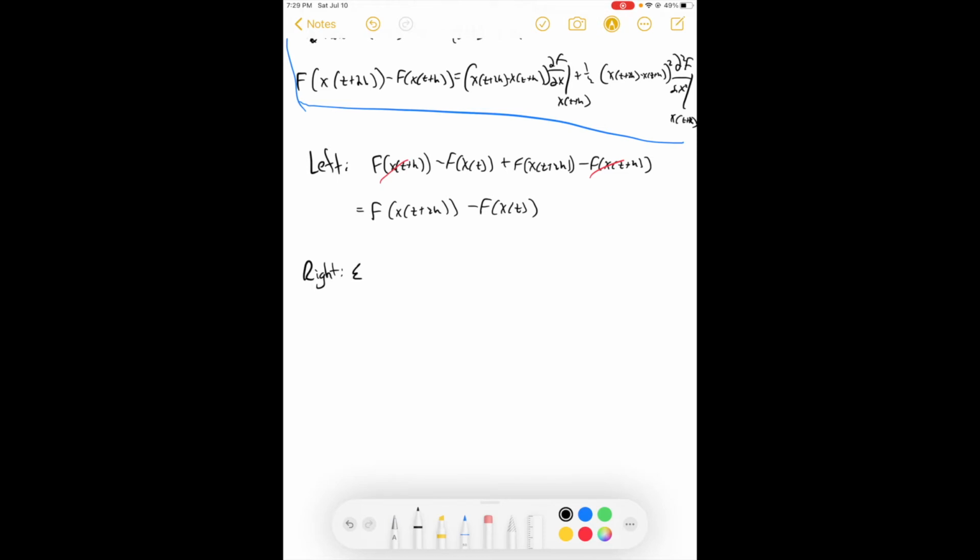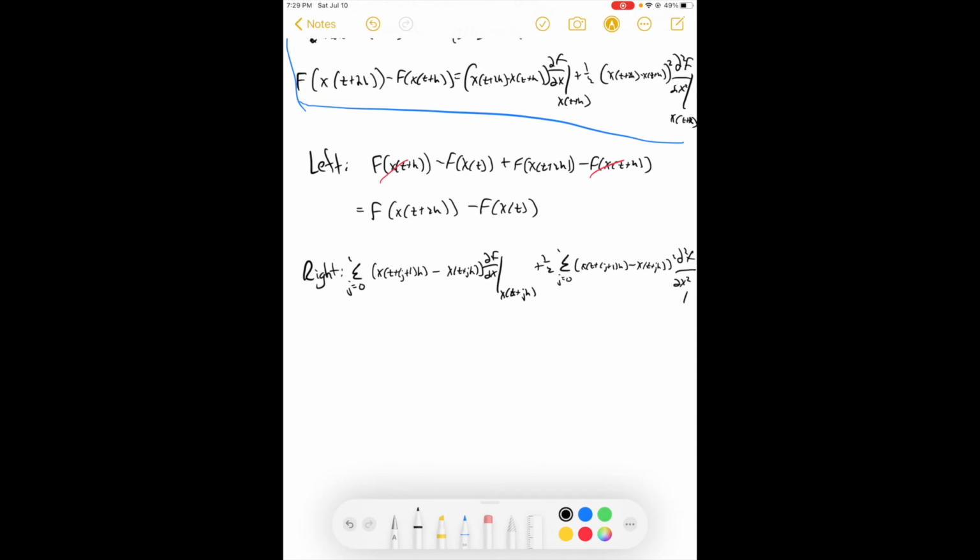I'm going to write the sum from j equals 0 to 1 of x of t plus j plus 1 h minus x of t plus jh times the first derivative evaluated at x of t plus jh, plus 1/2 the sum from j equals 0 to 1 of x of t plus j plus 1 h minus x of t plus jh squared times that second derivative.